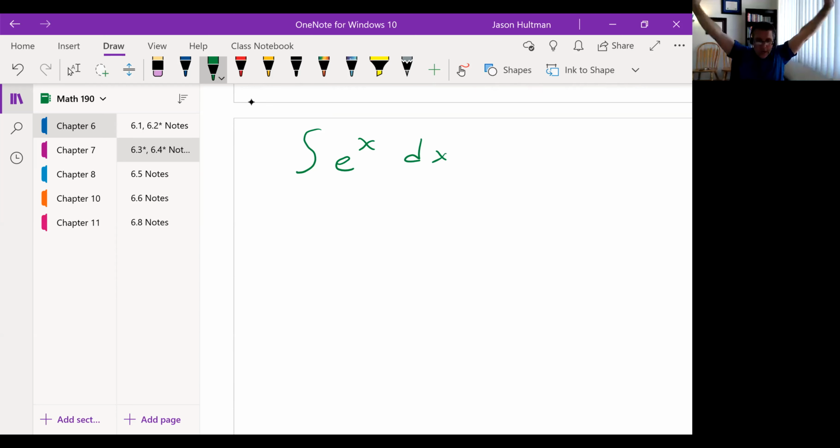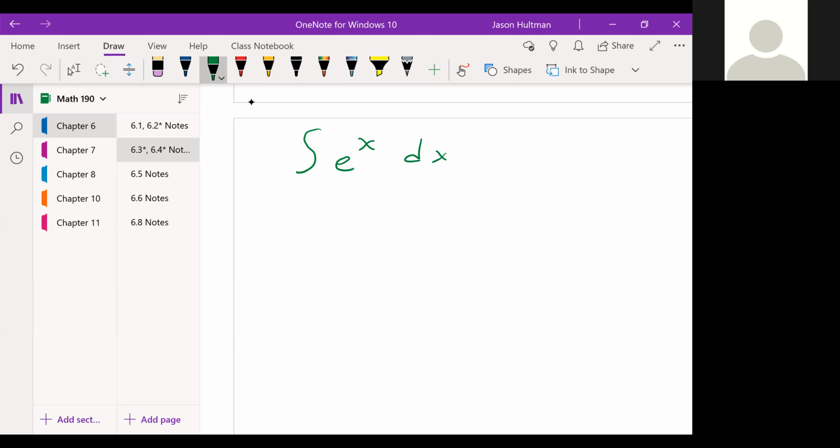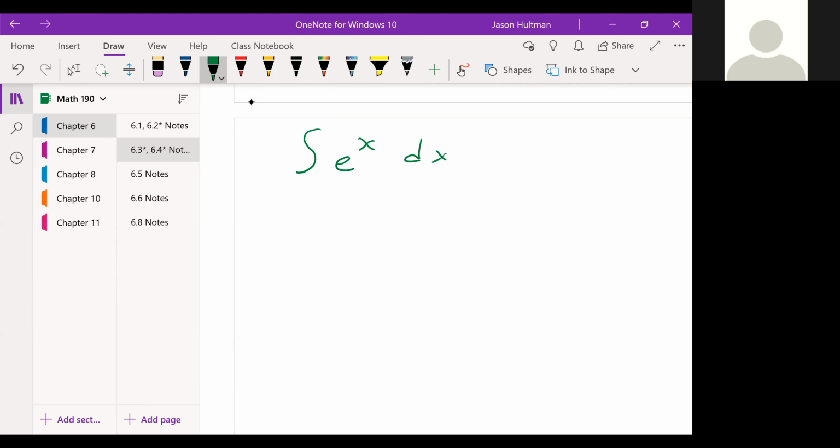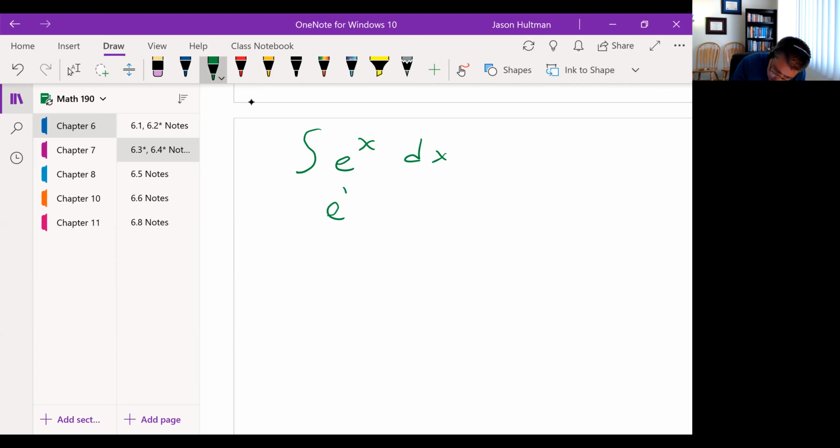Okay, e to the x plus c. Always plus c. So the integral of e to the x is equal to e to the x plus c.